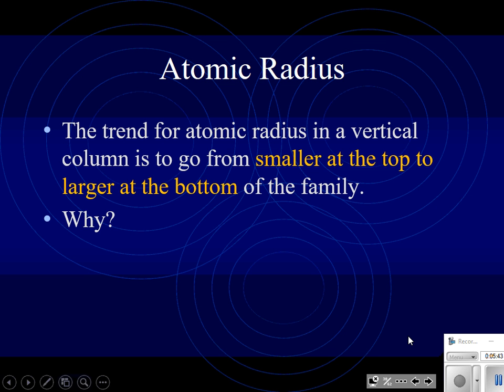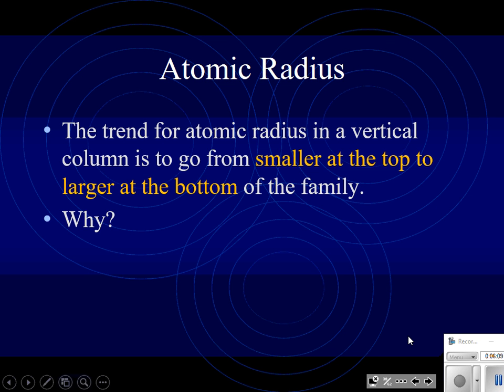Now let's think about this. Why? Why are the larger atomic radii at the bottom of the column? They have more protons, more neutrons, therefore they have more what else? Electrons. They have more of everything. We have more shells, don't we?